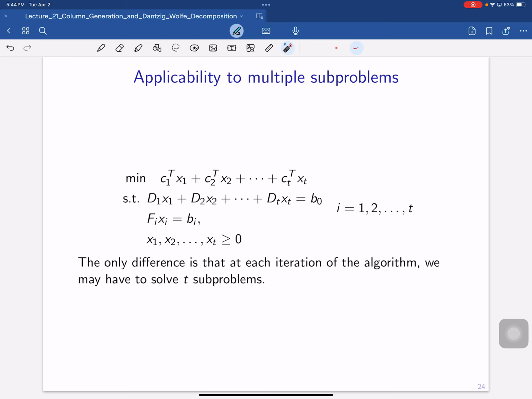To summarize, Dantzig-Wolfe decomposition is just a special case of column generation. The philosophy of column generation is the following: you have a master problem that only has very few constraints, but a huge number of variables, right? You know most of those variables are useless.